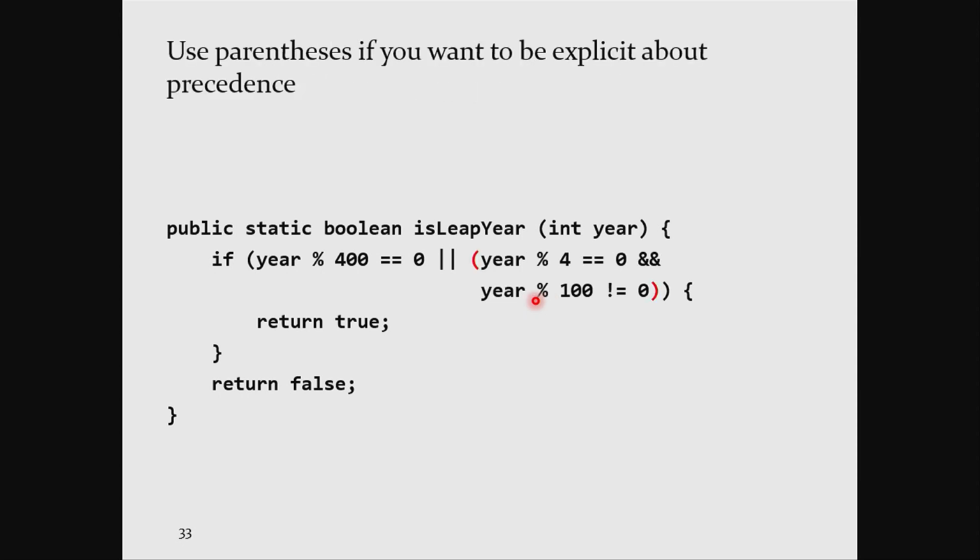Often it's sometimes cumbersome to remember all of the precedence rules. For and or, it's not terrible, but Java has a lot of operators, a lot of arithmetic operators. So if you want to be explicit about precedence, use parentheses.